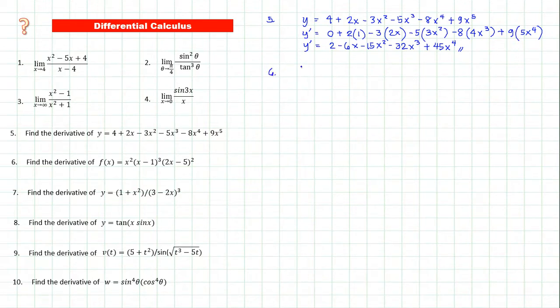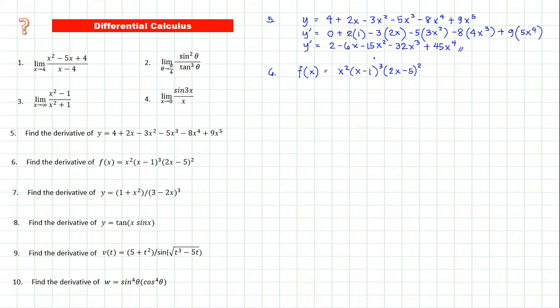We have a function f of x, di ba? It is equal to x squared times x minus 1 cubed times 2x minus 5 quantity squared. So dito, ang pwede natin gamitin or ang nakikita natin pwedeng gamitin dyan ay yung product rule. Yung first function times the derivative of the second function plus the second function times the derivative of the first function.